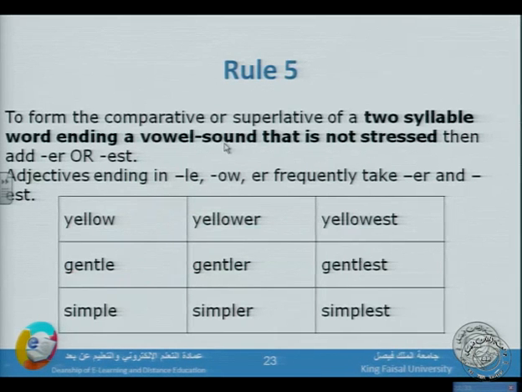Okay? Rule number 5. To form the comparative or superlative of a two-syllable word ending in a vowel sound that is not stressed, then add ER or EST.